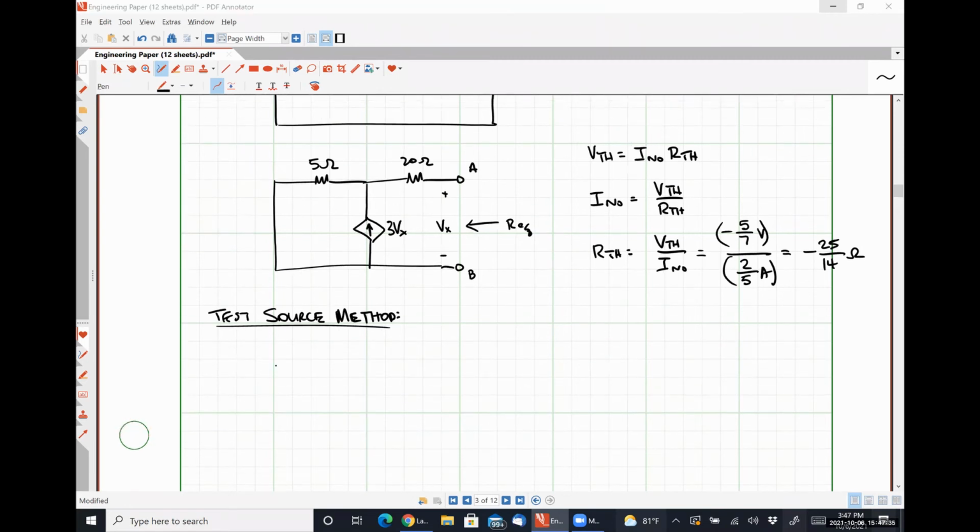If we take our dead network, and to be clear here, anytime we are trying to find the equivalent resistance directly, we need to be looking at a dead network. If we leave any sources on, it will mess things up. So we have to be looking at a dead network. I cannot repeat that enough because that's a very common mistake that I see.